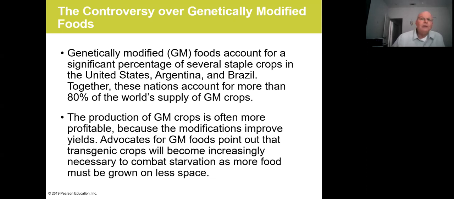And given the nature of what happens to the gene products when we eat those foods, they're all broken down via digestion into their component subunits.